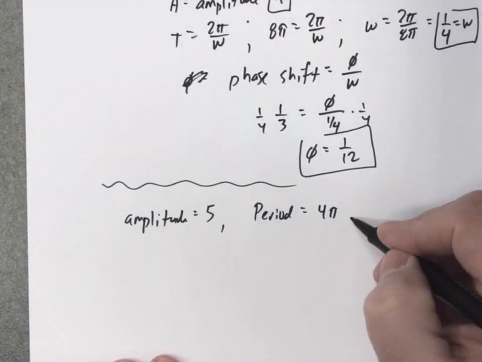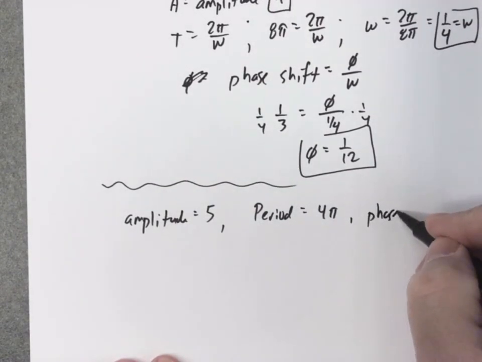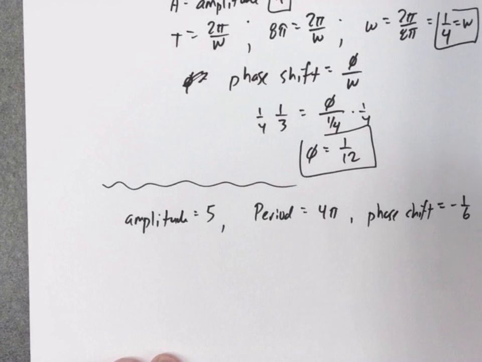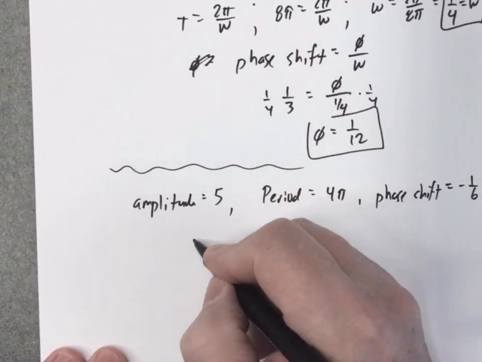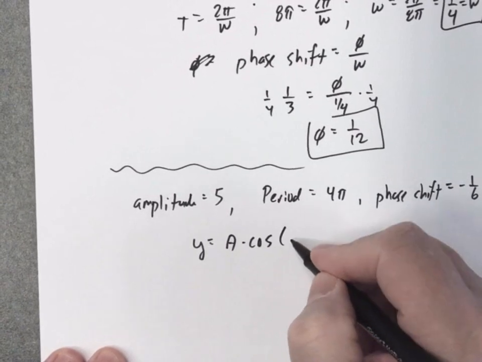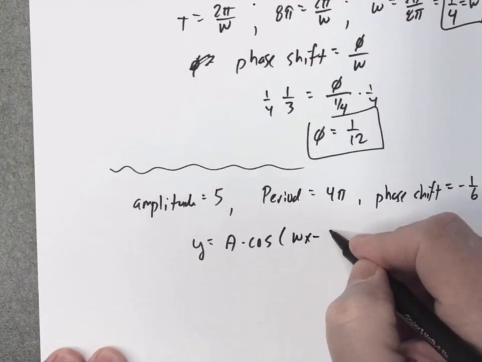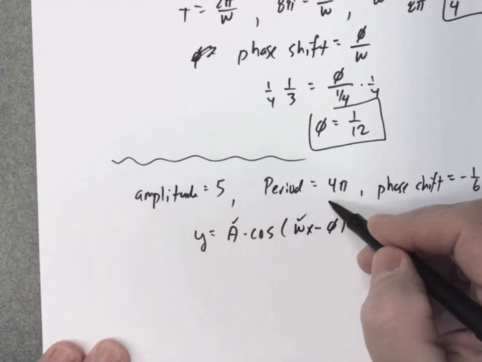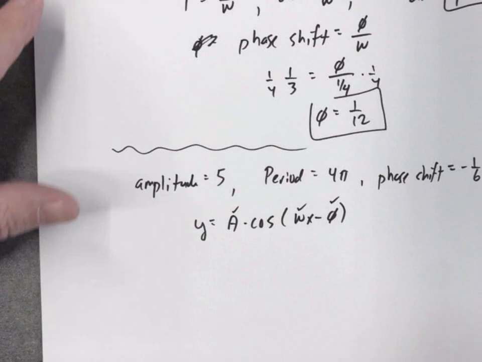And then the phase shift is -1/6. And here we're going to find the cosine. So let's say we need to find A, omega, and phi.